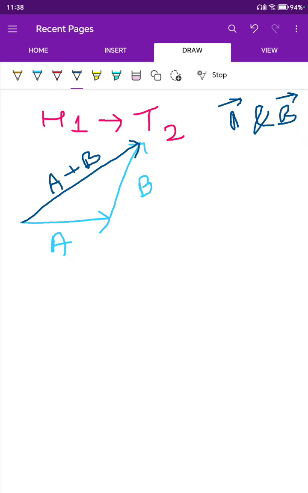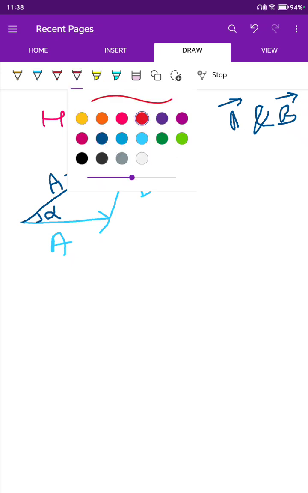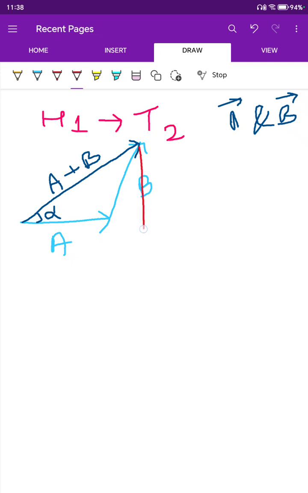So let's name this. Let's name this as alpha. I have some writing issues, but we will manage as the channel grows. This is alpha, and let's make another vector or line here.